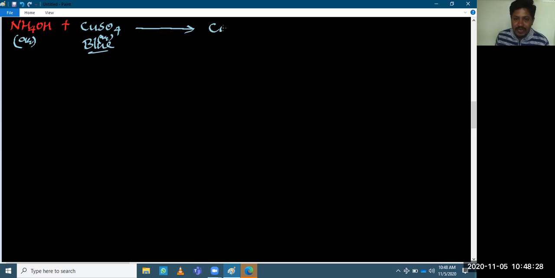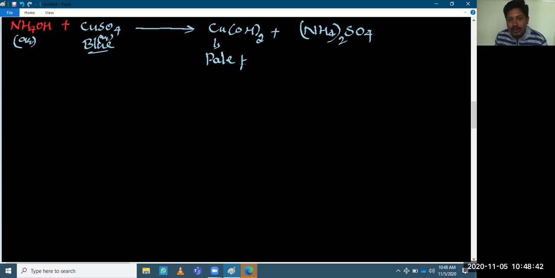Here we'll get a pale blue copper hydroxide along with ammonium sulfate solution. This is a pale blue precipitate, which is also insoluble in water.